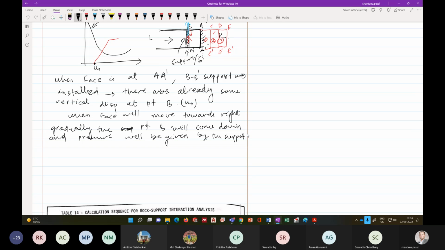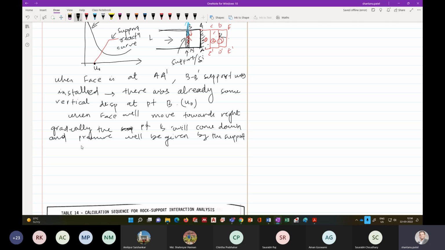Yes, sir. Okay, now the question is, what is the slope of this curve here? It is called the support reaction curve, because this is reacting, right? Like when the tunnel is deforming, this support is being provided to the tunnel boundary.